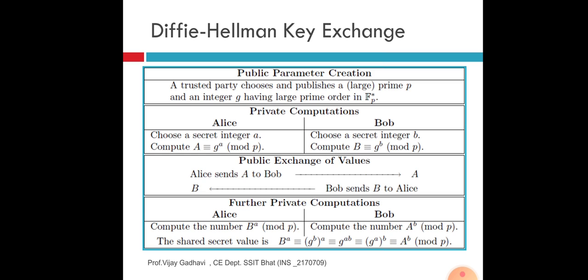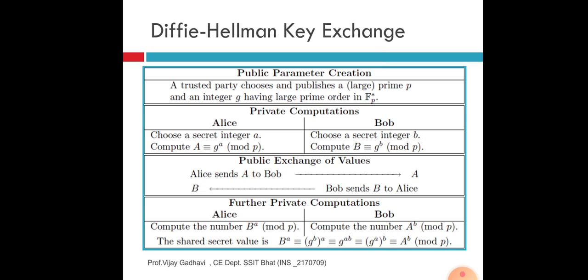Now further private computations: Alice computes the number B raised to a mod p. Then from Bob's side, compute the number A raised to b mod p.